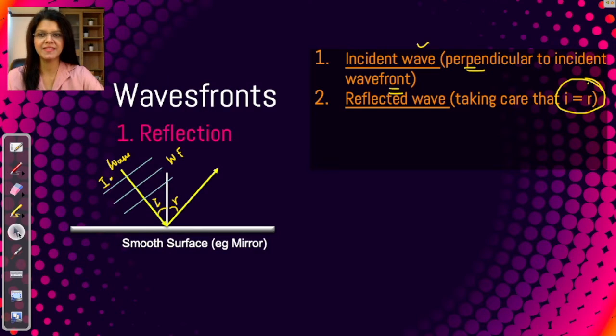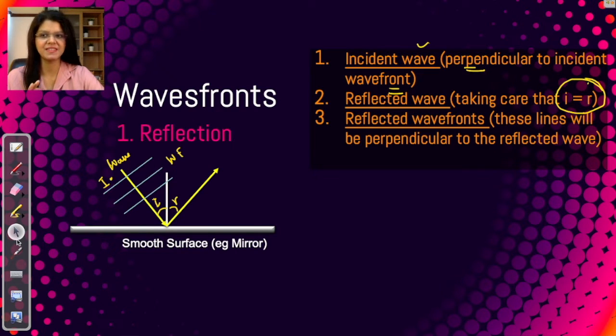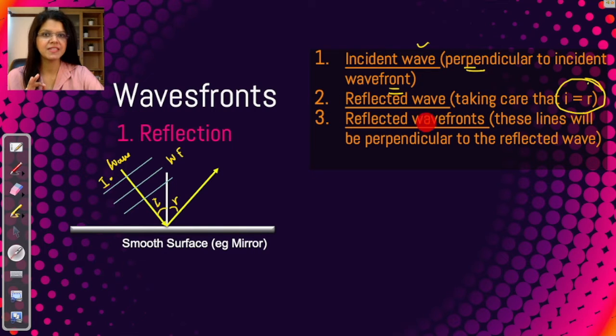Alright, so the last thing that you have to do is to draw the reflected wave fronts, because that's what the question would be about. You are given the set of incident wave fronts. Draw the reflected wave fronts. How do you draw the reflected wave fronts? You have found the reflected wave. Reflected wave fronts would be lines that will be perpendicular to the reflected wave.